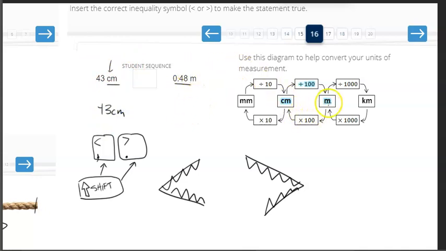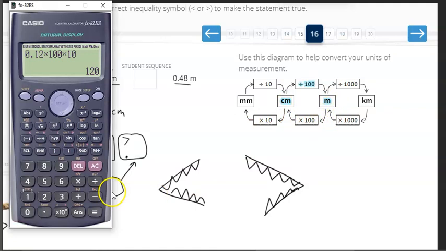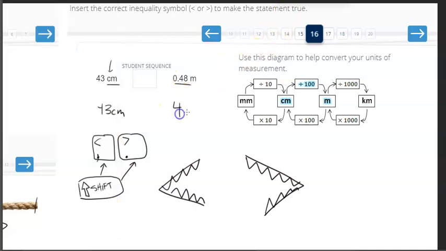To get from meters to centimeters, we follow the arrow and we times this by 100. So 0.48 times by 100 will give us 48 centimeters. Now which one's bigger, 43 or 48? Well, 48 centimeters is actually bigger. So the alligator is going to eat the bigger one, meaning the symbol will look like this.